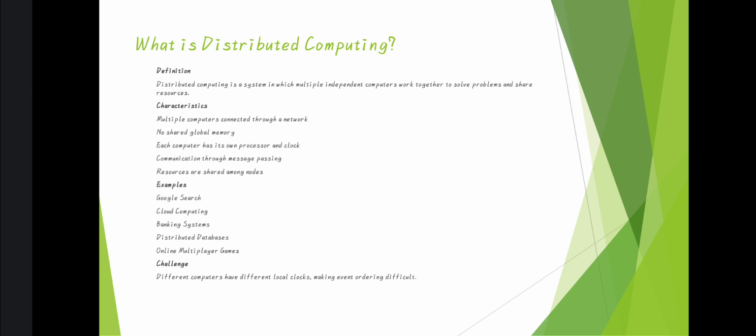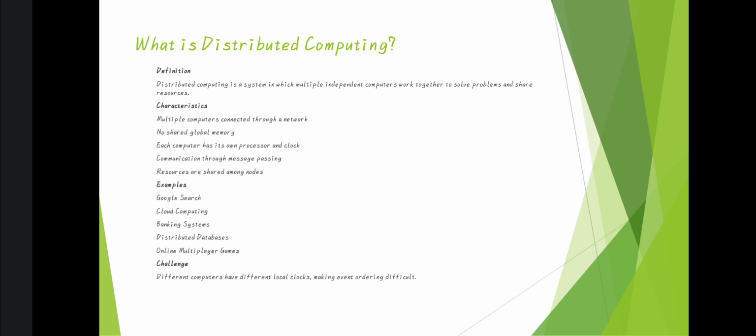Characteristics: the first point is multiple computers connected through a network. For example, you may have six computers connected via a network. Second, no shared global memory, which means each of the six computers has its own individual memory, not the same memory.